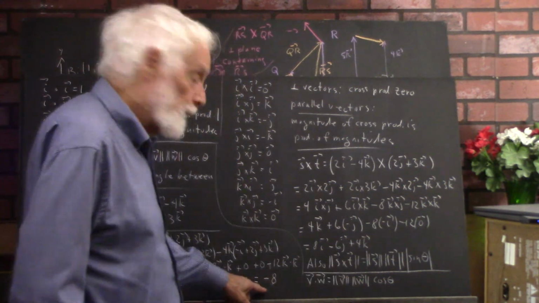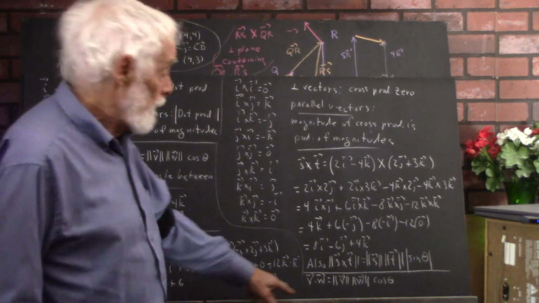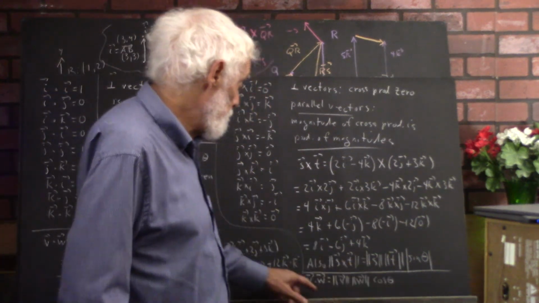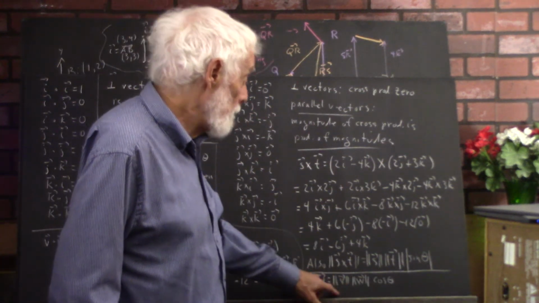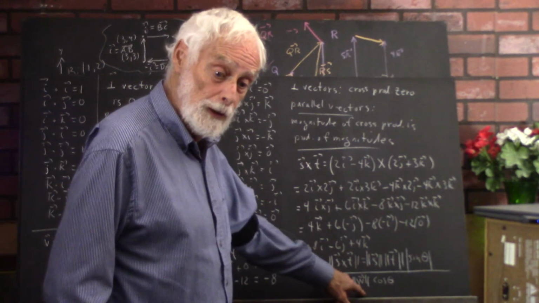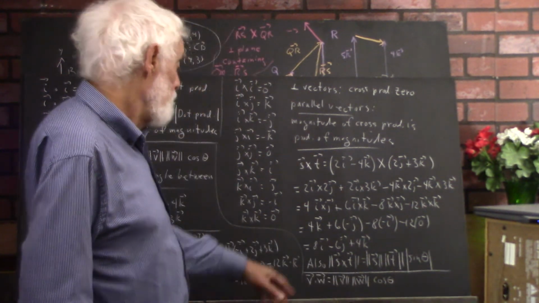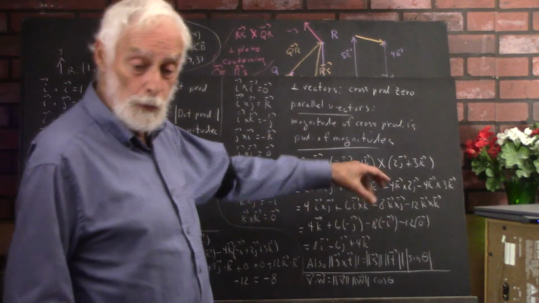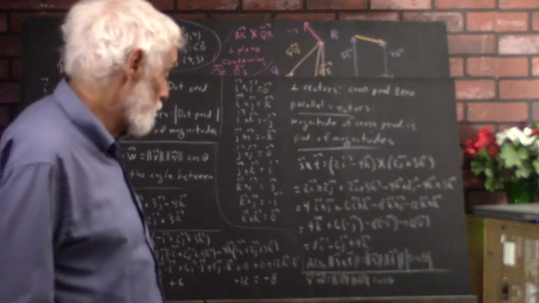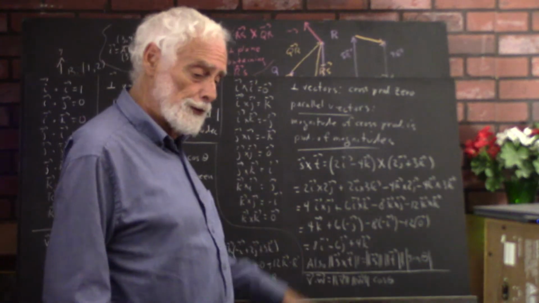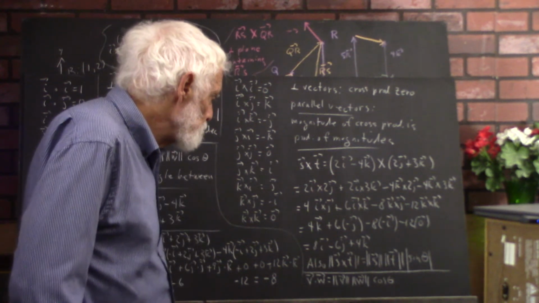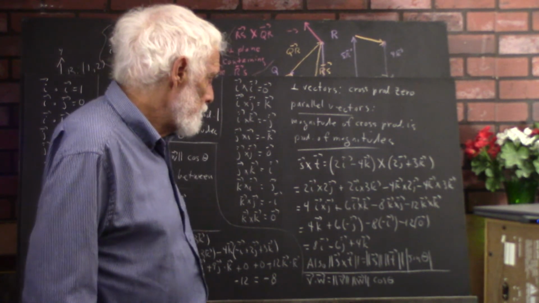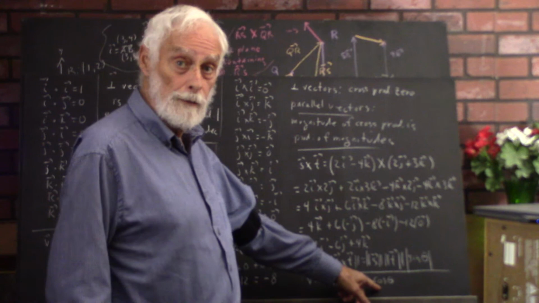V dot W is negative 8. So the cosine of theta would be V dot W divided by the magnitude of V times the magnitude of W, which would be negative 8 divided by about 20.15, the square root of 406. So you could take the inverse cosine of that and find out what the angle is.